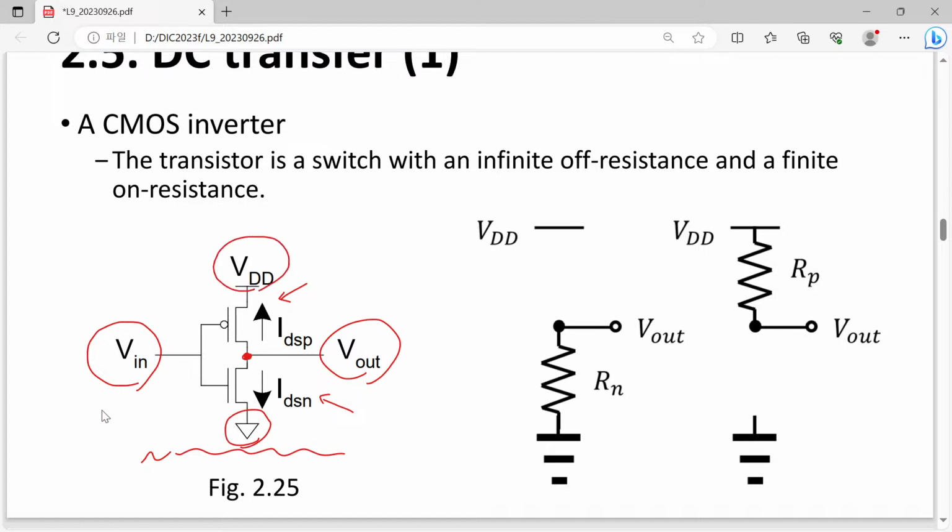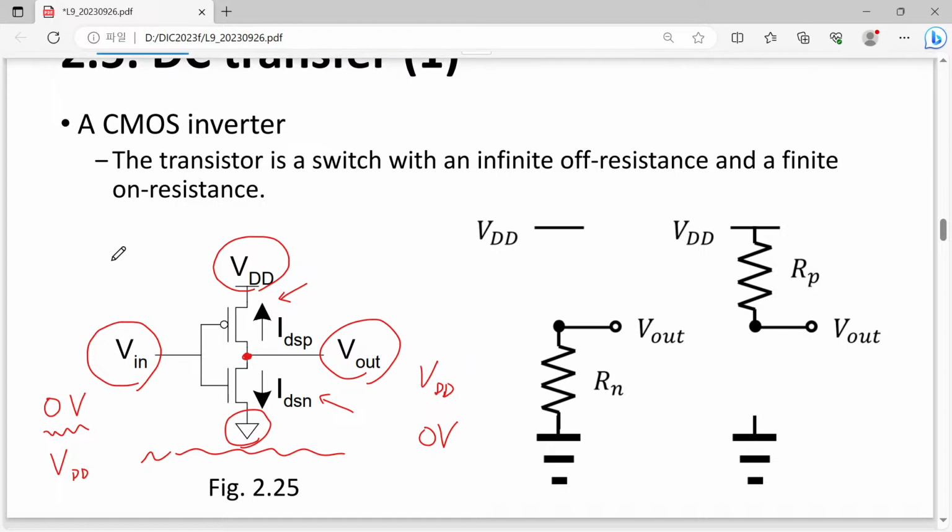So maybe you remember that when we apply logical value 0, logical low, then the output becomes VDD, and when we apply VDD, then it becomes 0 volt. That was our previous discussion. Why?